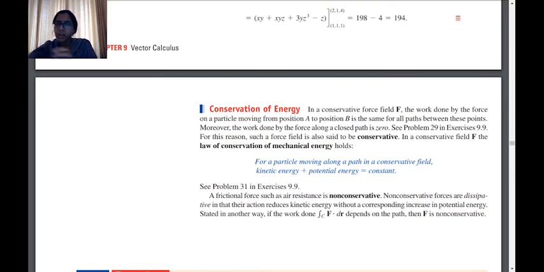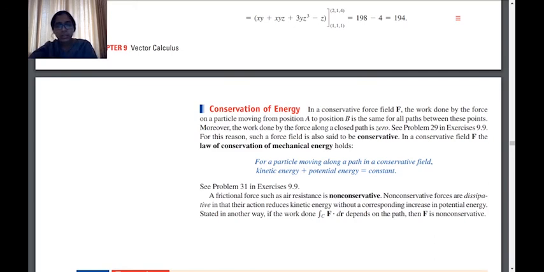Now an example of a non-conservative vector field is a frictional force such as air resistance and all. We are moving against the air. So a frictional force such as air resistance is non-conservative, and non-conservative forces are dissipative in their action, and their action reduces the kinetic energy without a corresponding increase in potential energy.